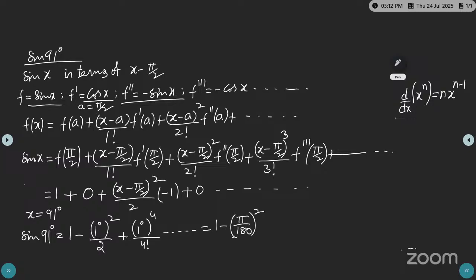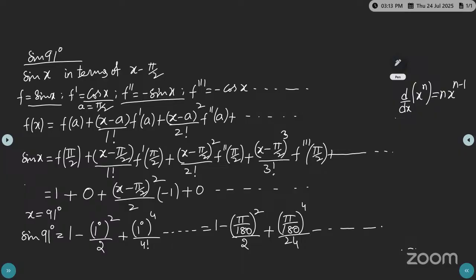So 1 minus pi by 180 whole square by 2, plus pi by 180 whole power 4 by 4 into 3 into 2, which is 24, minus so on.